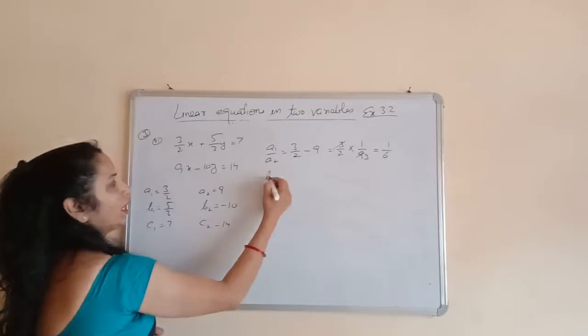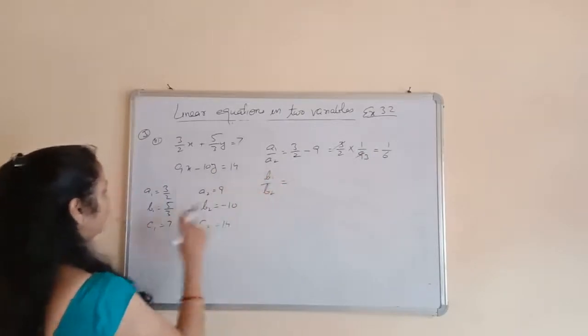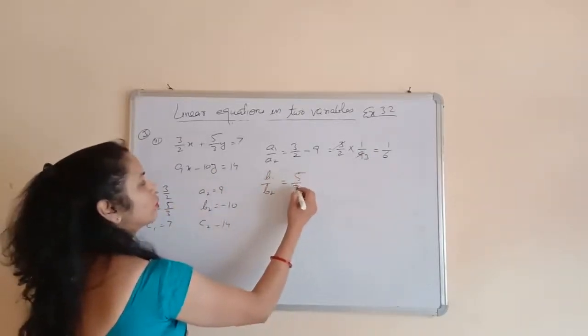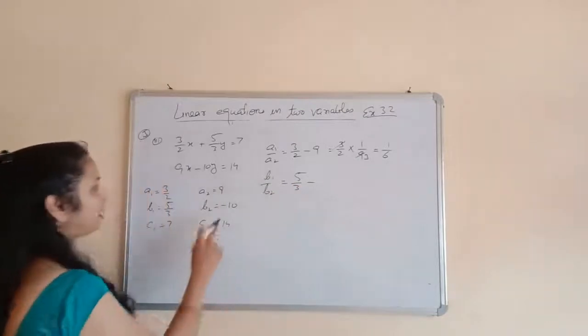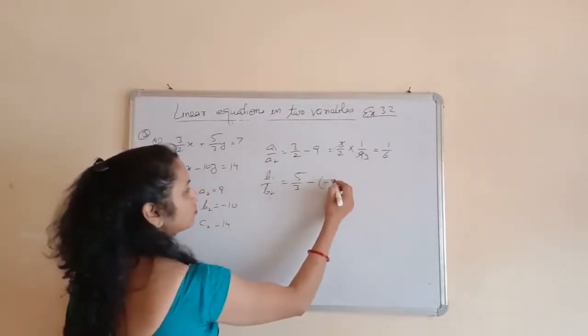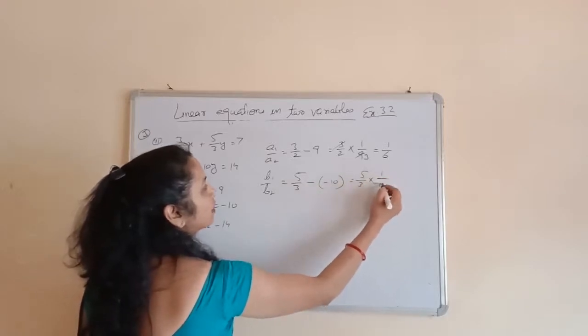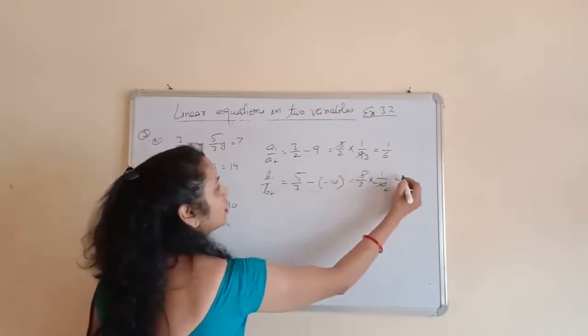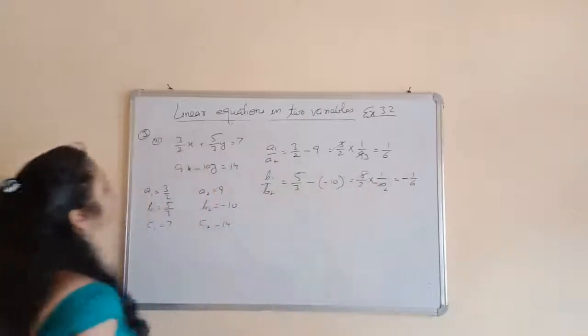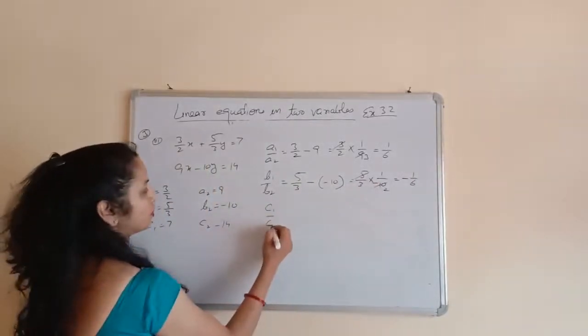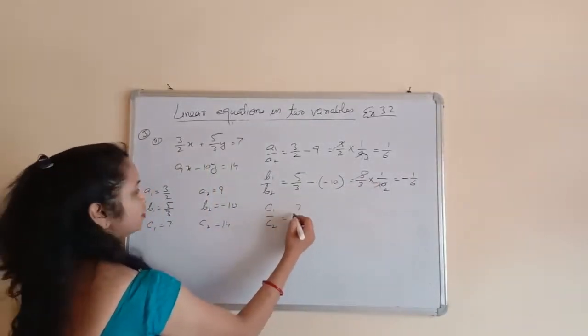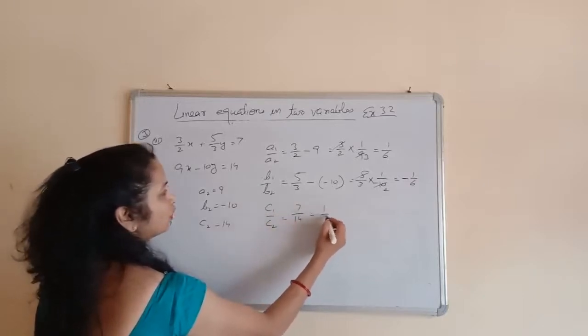Again finding the value b1 upon b2. The b1 is 5 upon 3. So again I am writing like this, divided by minus 10. It will be 5 upon 3 multiplied by 1 upon minus 10. It is minus 1 upon 6. And c1 upon c2 is equal to 7 upon 14, which is easy: 1 upon 2.